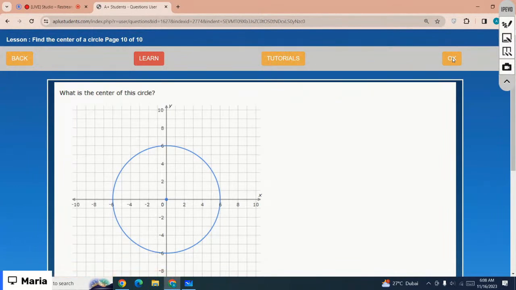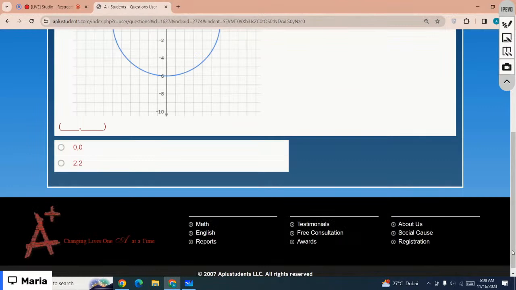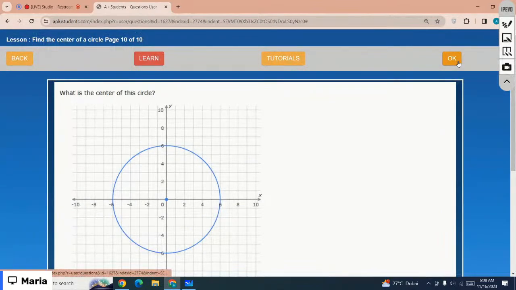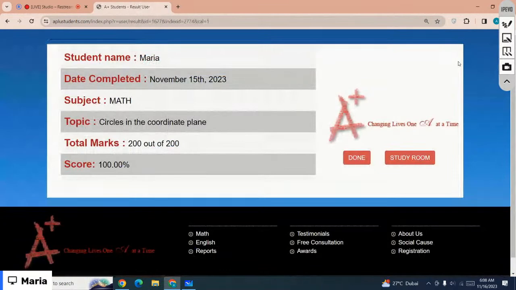Okay, what is the center of the circle? Yes, that is again the origin. So both x and y are 0, 0, right? Okay, you can complete. Okay, we are done with the lesson. Let's just move on to the next lesson.